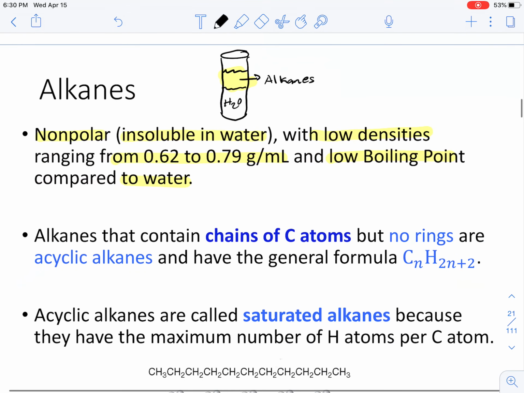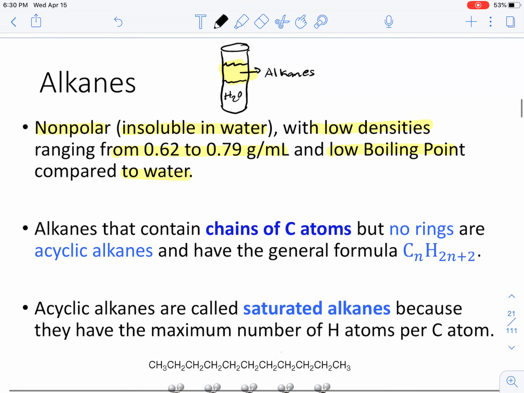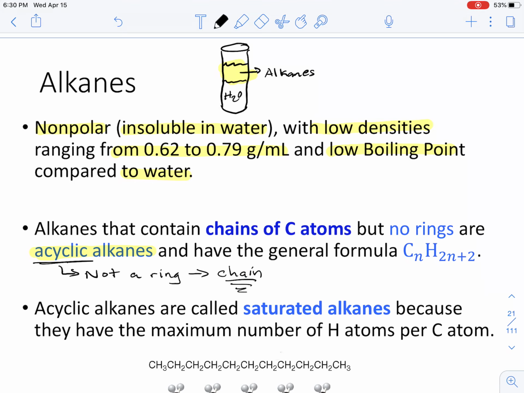Now, alkanes that are acyclic. Acyclic means it's not a ring. And if it's not a ring, then it is considered a chain. Okay.